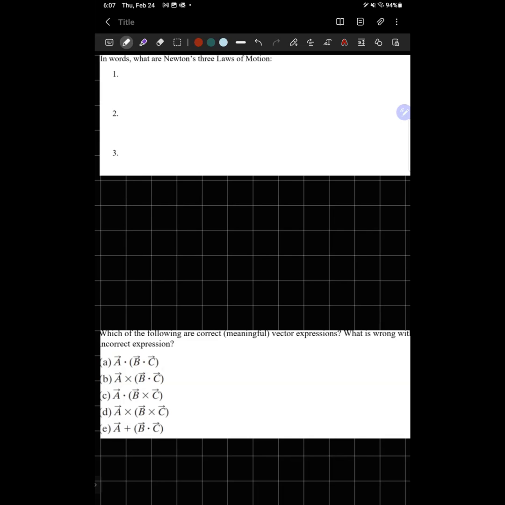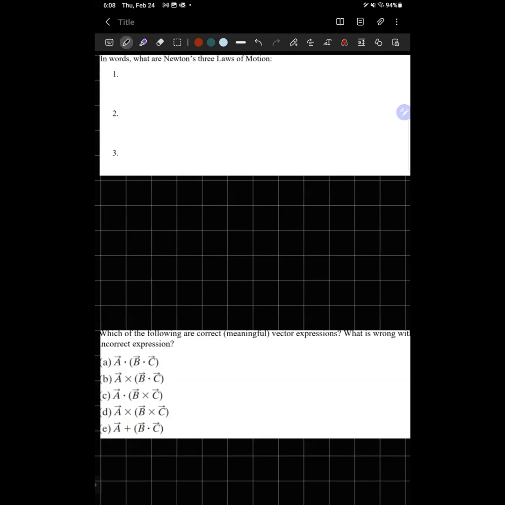The first one is inertia, right? Every object in motion stays in motion until an unbalanced force acts on it. Yeah, so if no net force acts on a body, the motion of that object will not change.